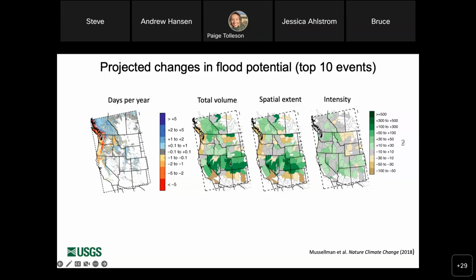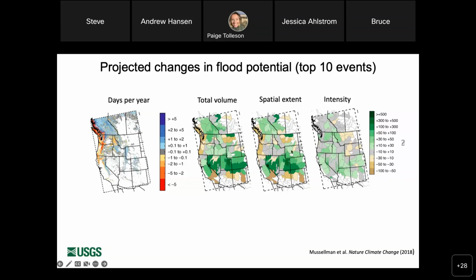In terms of volume of water generated, in the GYE, we have a mixture, but mostly the volume of water is projected to go up somewhat. The spatial extent is expected to go up somewhat, and the intensity of flooding is, in most of the GYE, not shown to go up substantially.